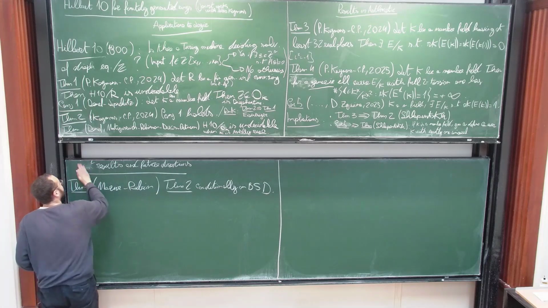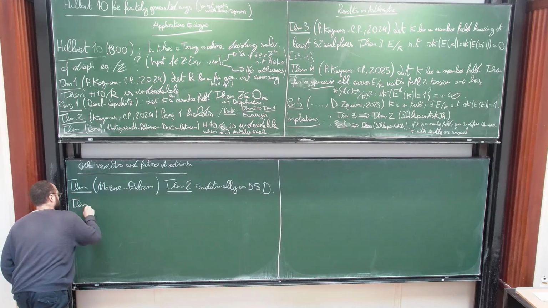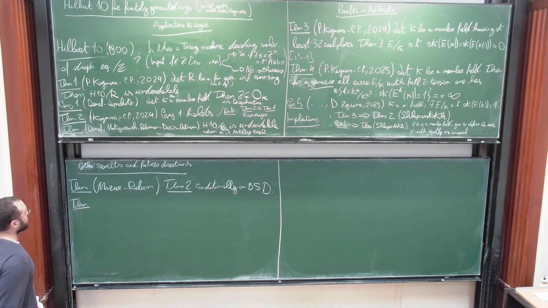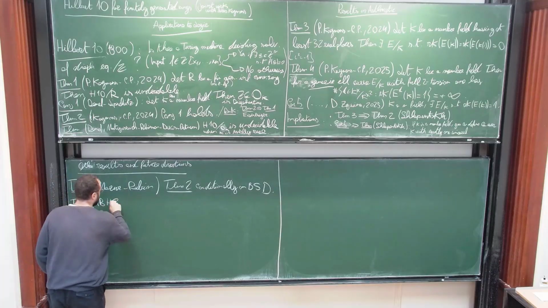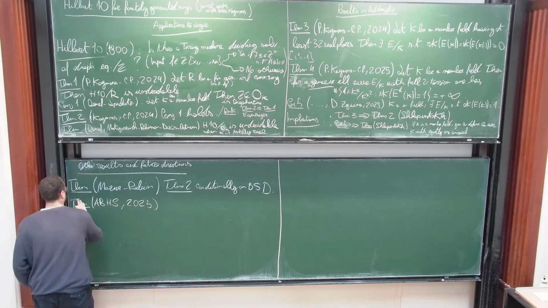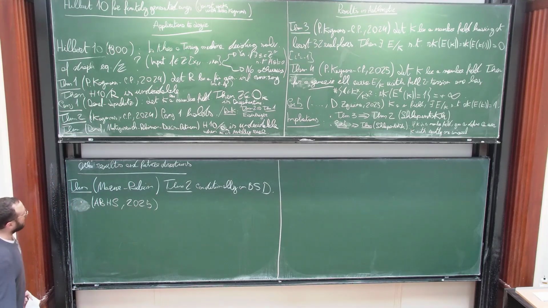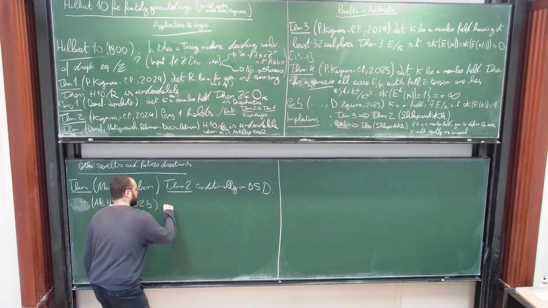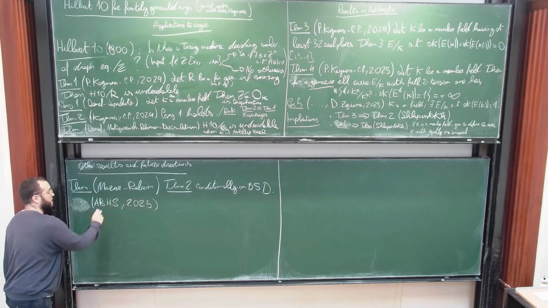So let's list all these other results actually. Some results that followed this work, one you will hear right after my talk by Ari, and this is from 2025. So let me list it here. This is Alpoge, Bhargava, Ho, and Shnidman.